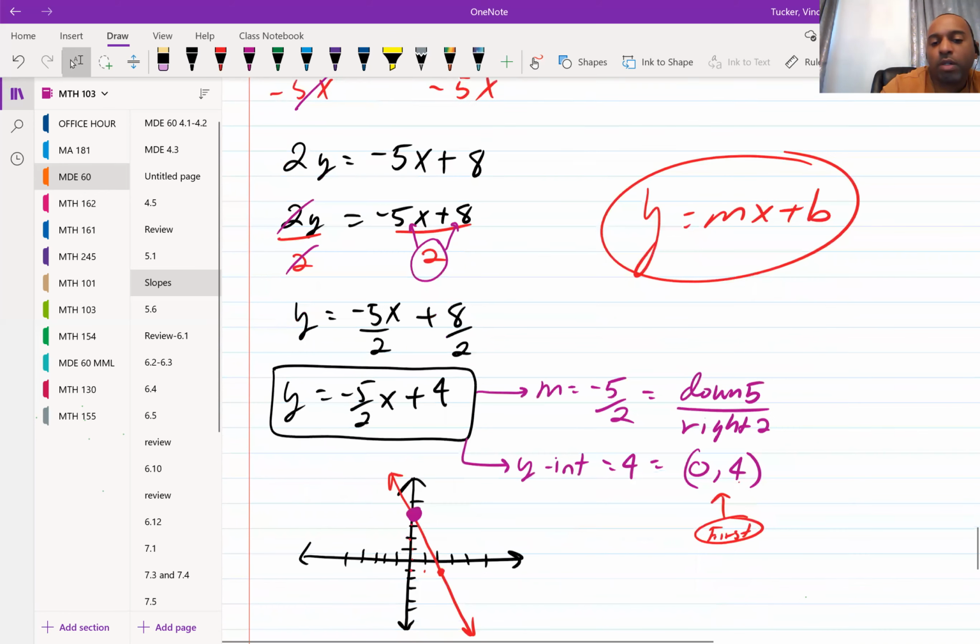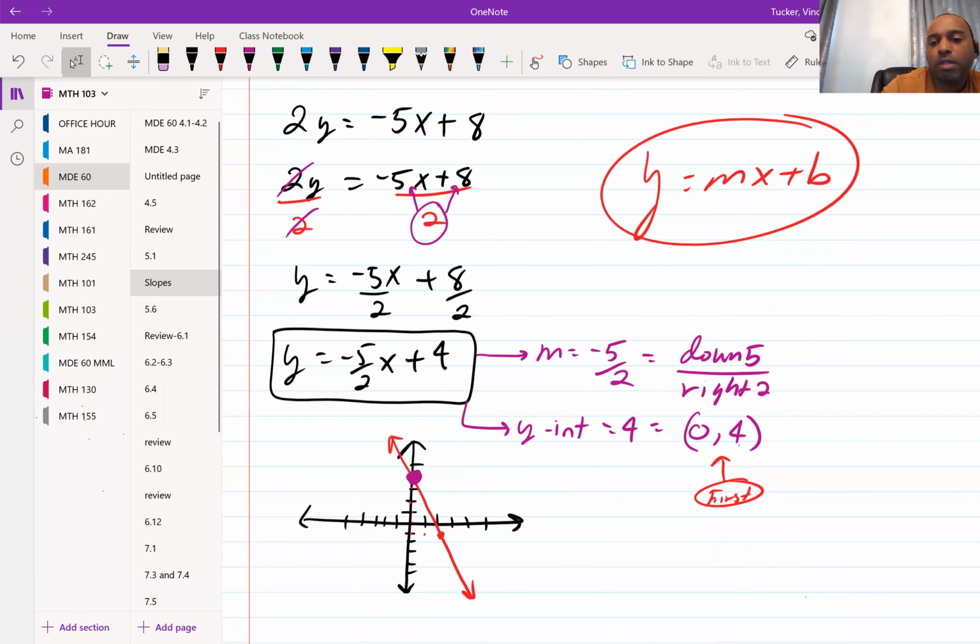Grab that (0, 4) first. That's what we did here. And then go down 5, right 2. That gives us this point right here.